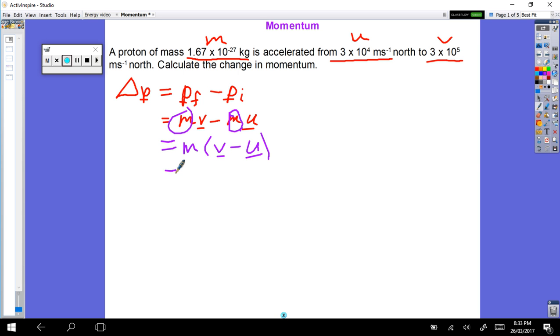That's a bit easier because you're taking away one of the multiplications, so you can just stick in your mass, 1.67 times 10 to the negative 27, times 3 times 10 to the power of 5 minus 3 times 10 to the power of 4.